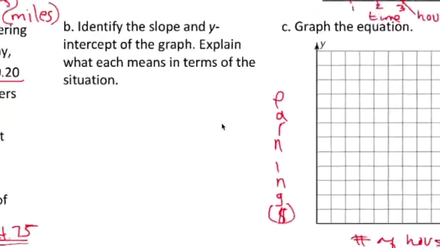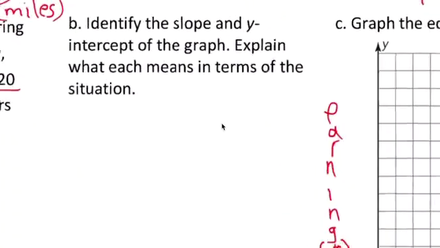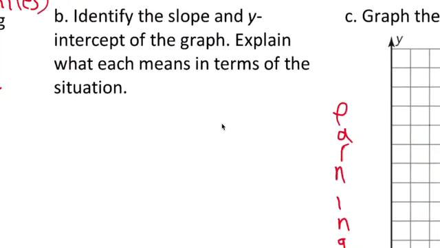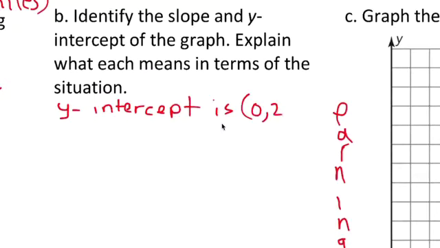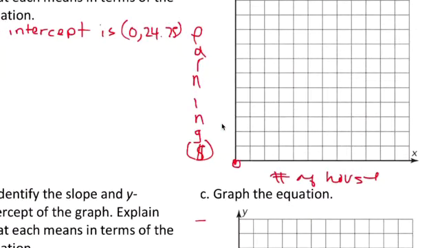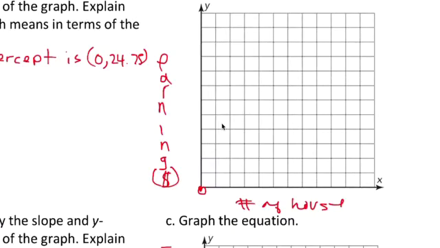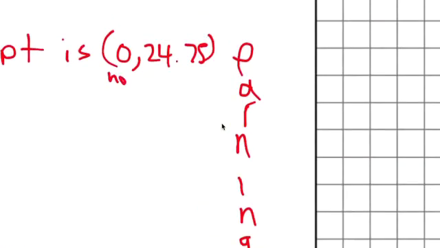All right, identify the slope and y-intercept. Explain what it means. The y-intercept is 0, 24.75. Okay, that's 0 homes. x is the number of houses.